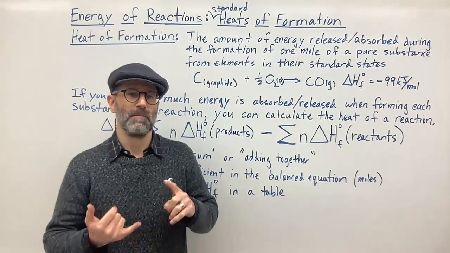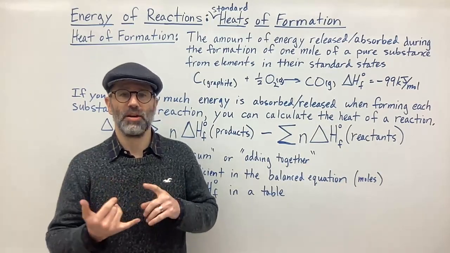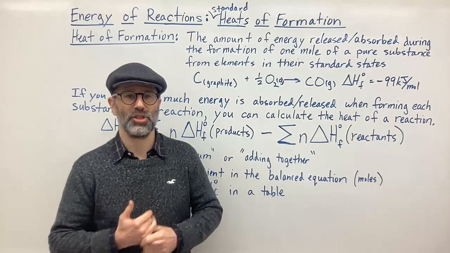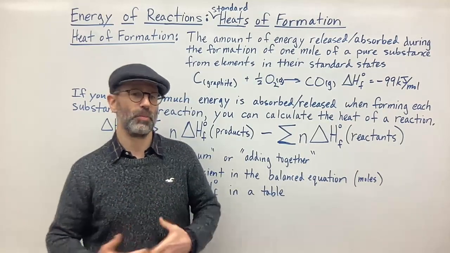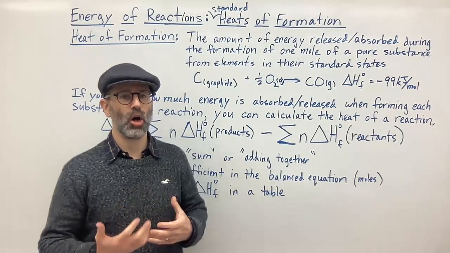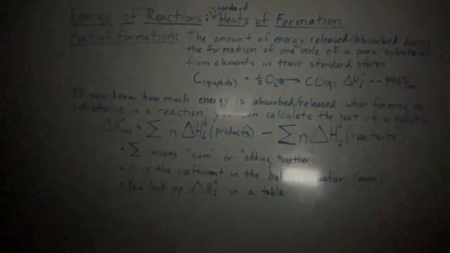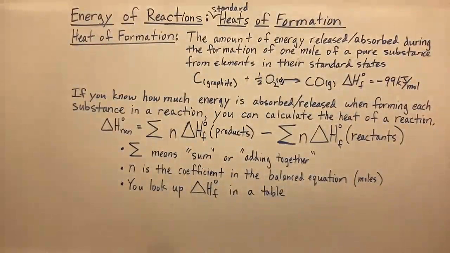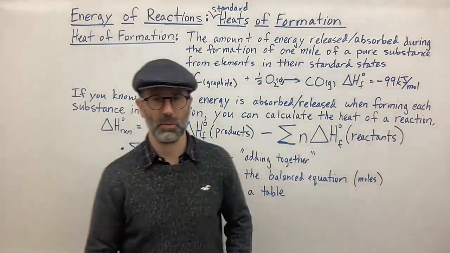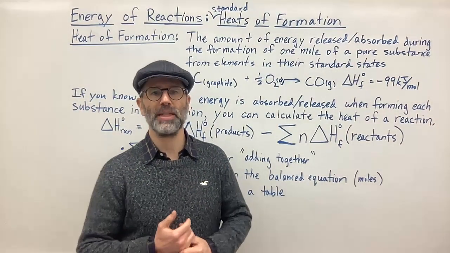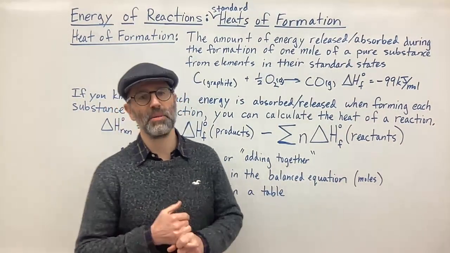So, for example, what's the state of oxygen under these standard conditions? It would be a gas. For carbon, it's graphite. So graphite would be the standard state for carbon, not diamond, right?